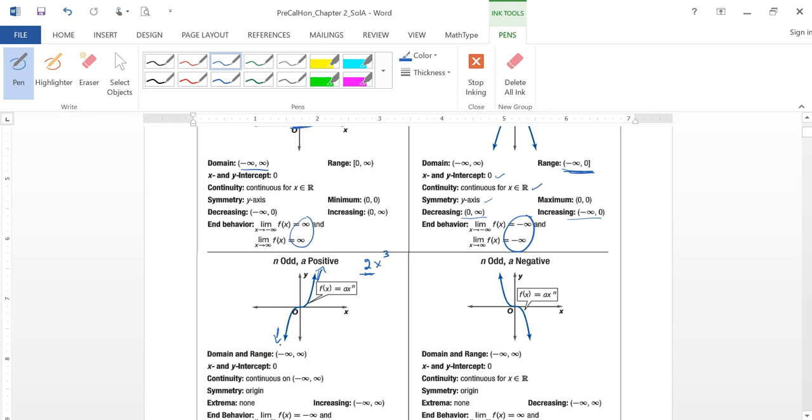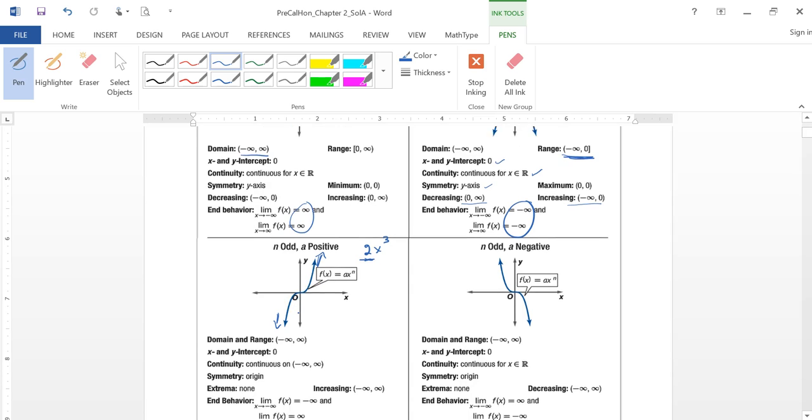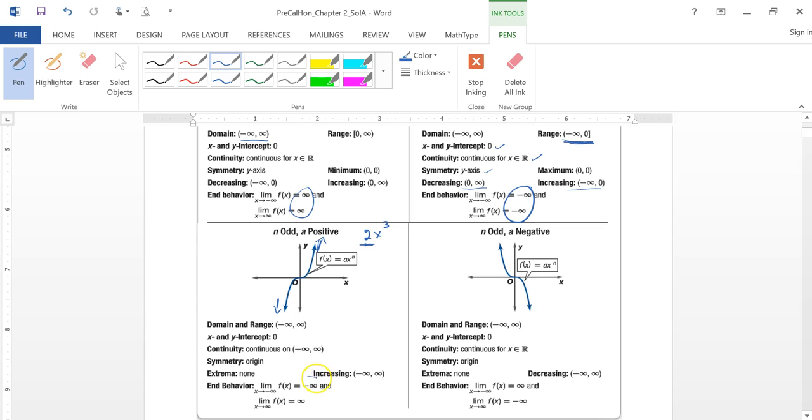Okay, and you can go through the rest of it. It's continuous everywhere. It's increasing everywhere. Okay, even if you think that here it's leveling off, it's not. It's slowly increasing. And the end behavior is such that at negative infinity, it goes down to negative infinity, and at positive infinity, it goes up.